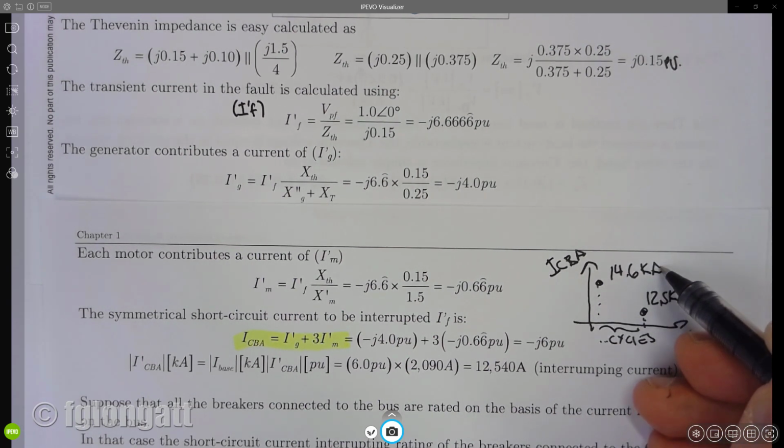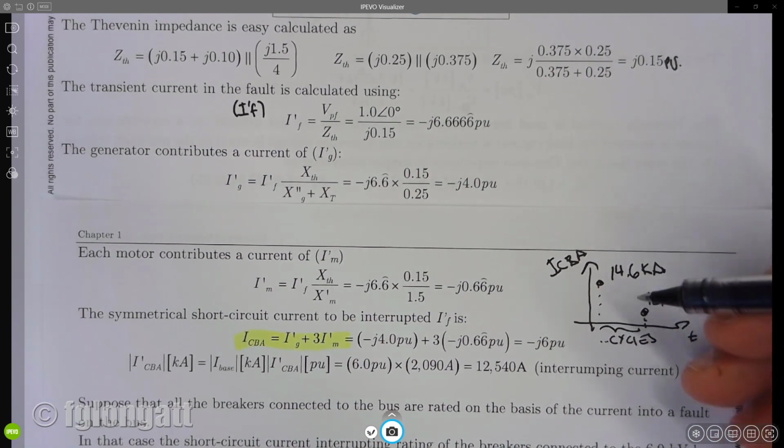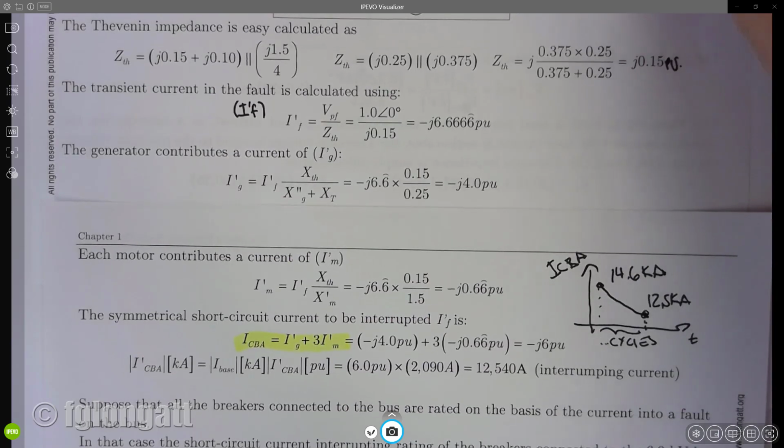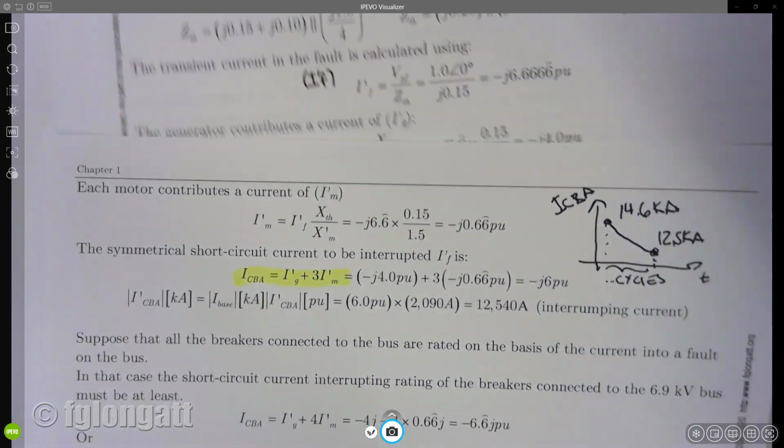Okay? What I'm trying to teach you is that the current is decreasing, and it's decreasing because we are calculating the interrupting current. Okay? Very well. Let's keep moving.